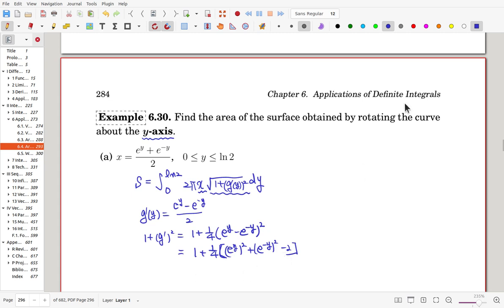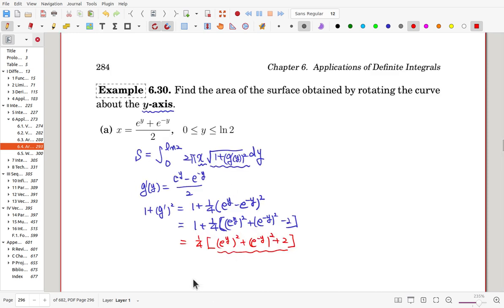And if we add 1, then it'll become plus half. So here we can rewrite this one in this way. That is the same, the same quarter, and then here e to the y squared plus e to the minus y squared plus 2. Right? But if we are considering only this one, then if it is positive, then we'll get that.